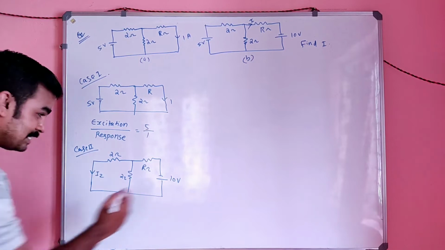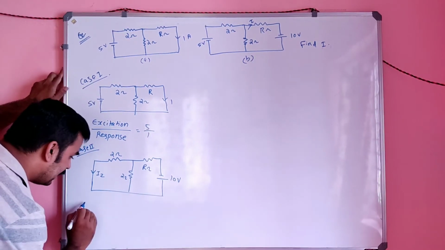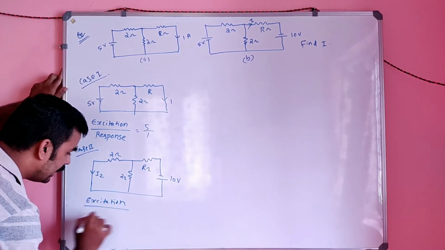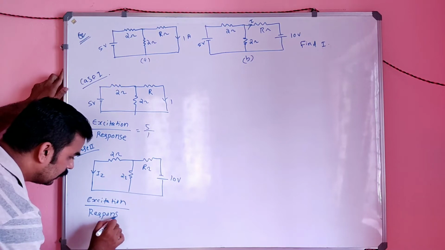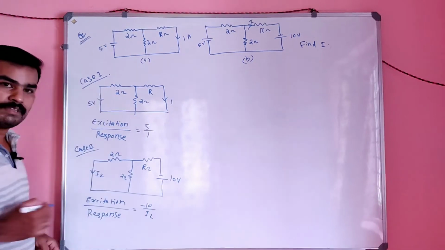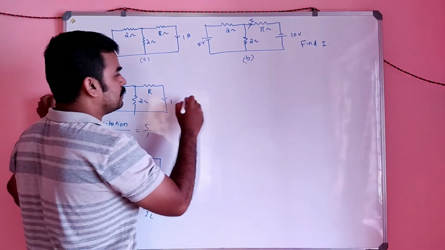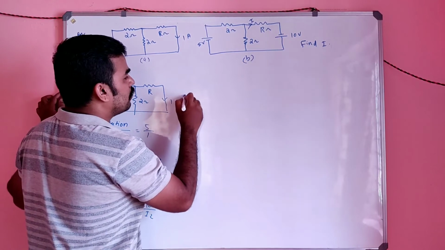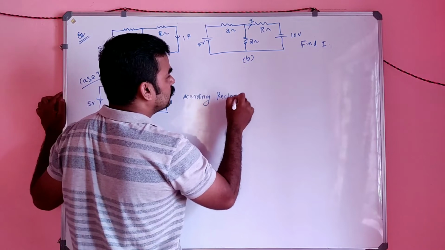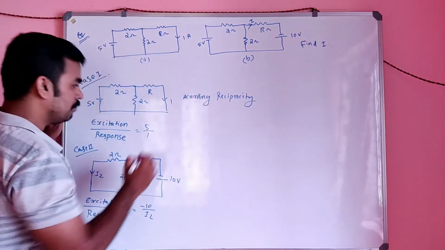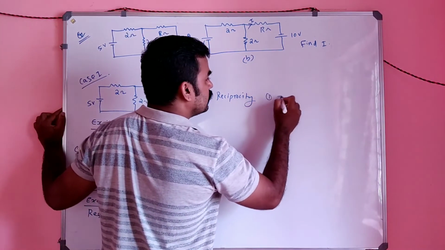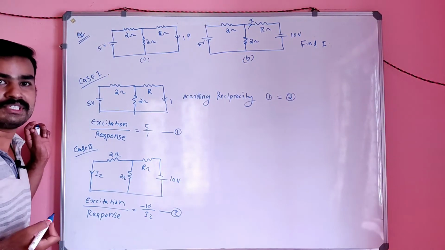Here the excitation is minus 10, so excitation divided by response will be minus 10 by I2, like in the previous case. So according to the reciprocity principle, let this be equation 1 and this equation 2; 1 equals 2.